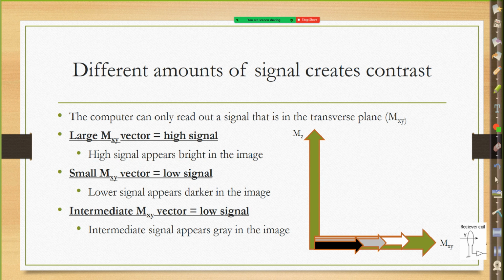Okay? If you have very low signal, we have a small vector denoting low signal in the transverse plane. You're going to get black on your image. And then if you have intermediate signal, or a vector that has a medium length, you're going to get gray on your MR image. Okay?